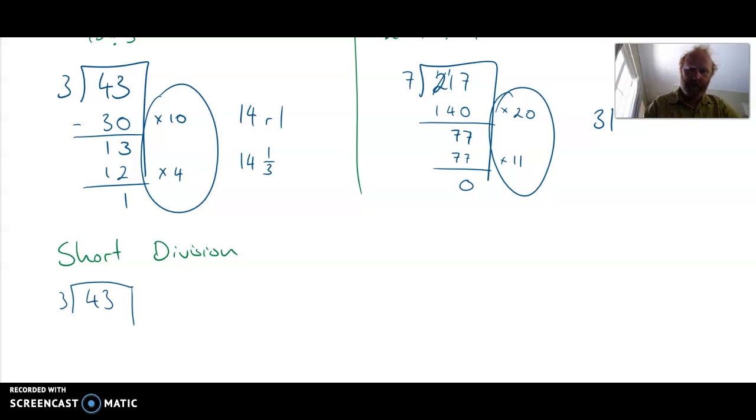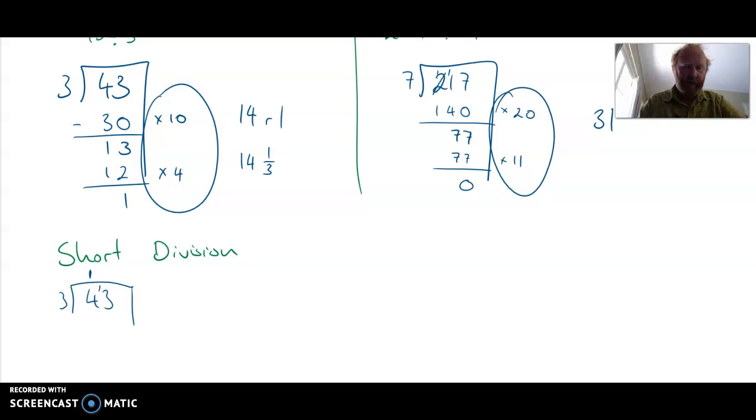How many times does 3 go into 4? Once. 3 goes into 4 once, and I write that directly above there in the same units column, or tens column in this case. So it's in the same place value.